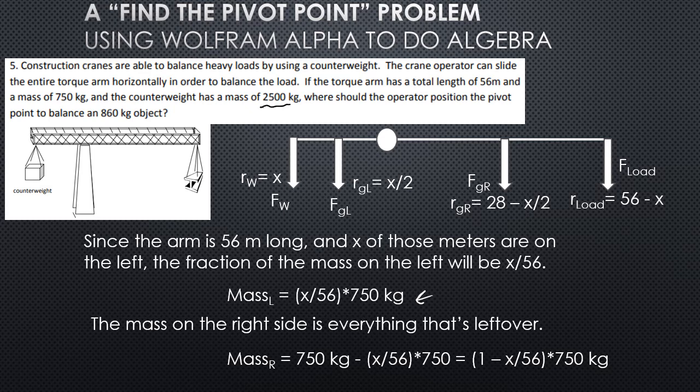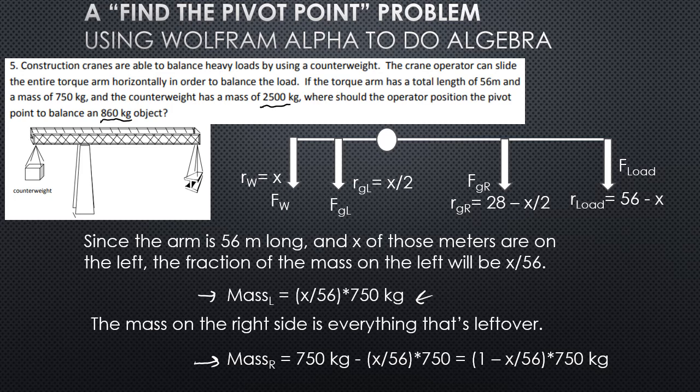We know force of the load, because it's just the load's mass times gravity. We know the force of the left side, because it's just the left side's mass times gravity, and same thing for the right side. So we know everything except for x.